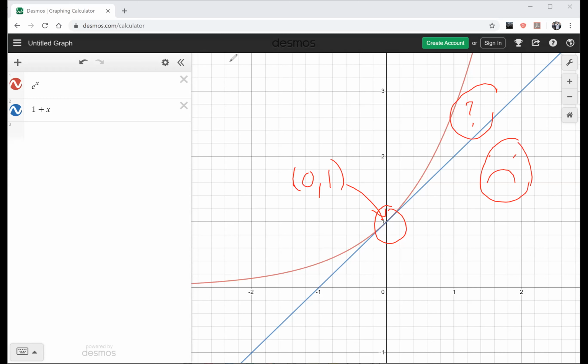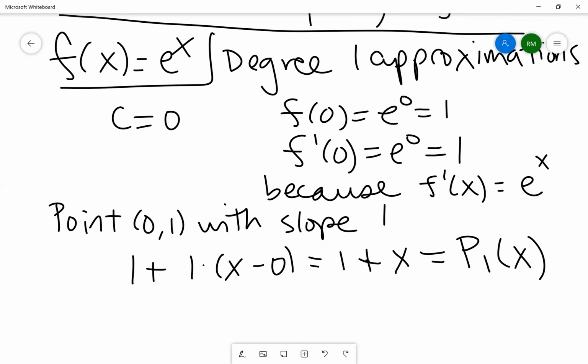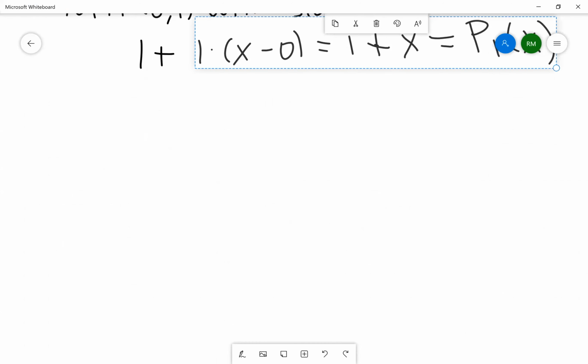No, my approximation up there is pretty bad. And so we want to get a better approximation of my function e to the x. How do we do that? Well, it's probably not a big surprise that we should use a higher degree polynomial. And that's exactly what we're going to do. So let me switch back to our whiteboard. So we need to use a higher degree approximation.